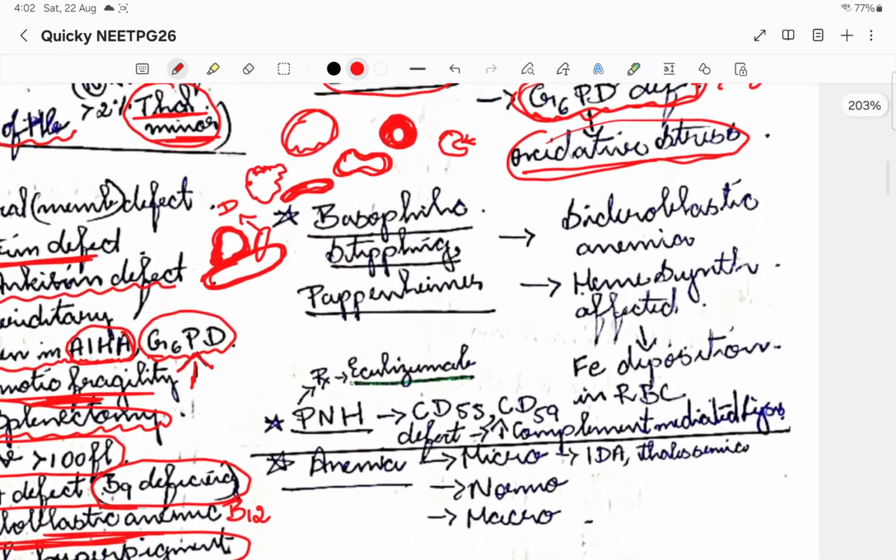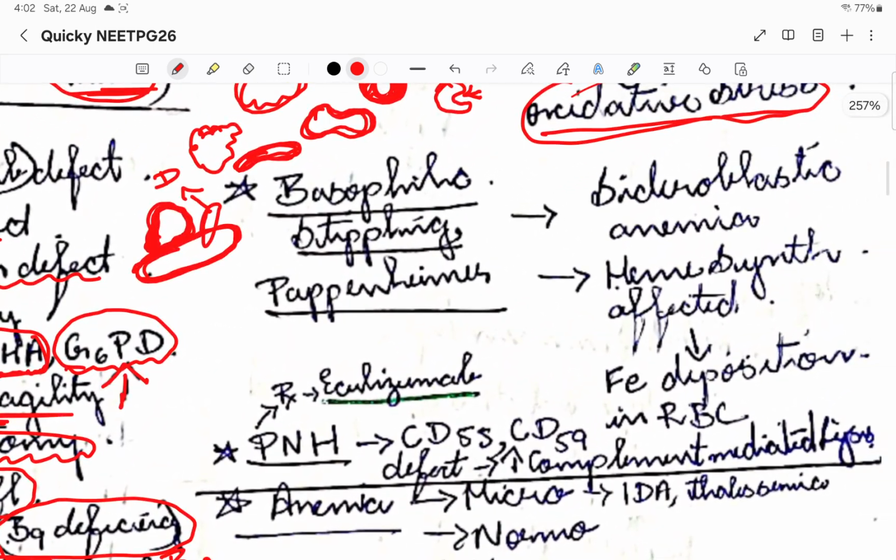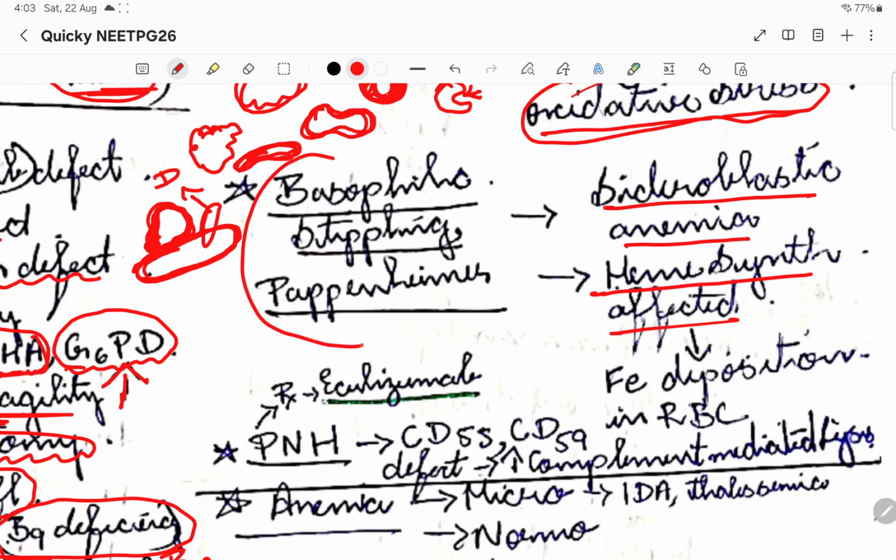Then coming to basophilic stippling, in sideroblastic anemia, if heme synthesis is affected, this is where we will see basophilic stippling. For example, this is an RBC, and we'll be seeing some basophilic stippling. This is because there is affected heme synthesis. I told you, right?